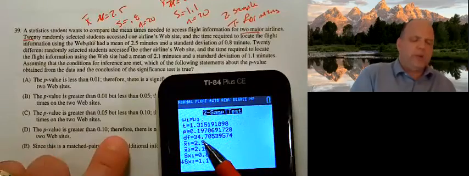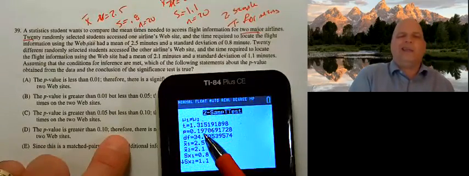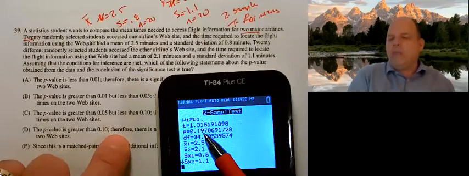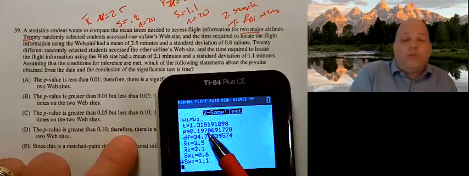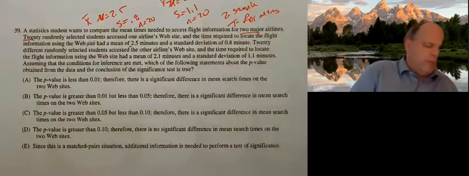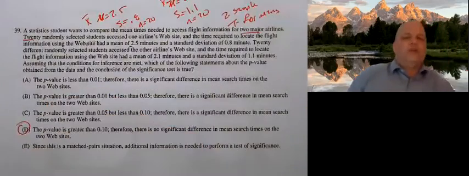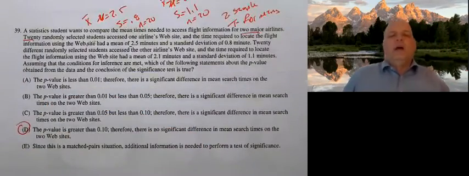And so in this case, I get a p-value of 0.197. Well, with that type of p-value, that's larger than any alpha. So because it's larger than any reasonable alpha, I'm going to fail to reject, which means there's not a significant difference.